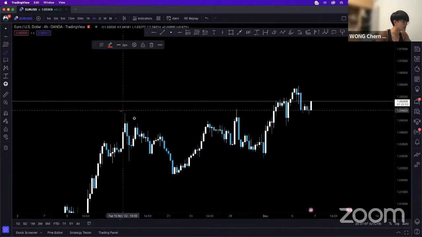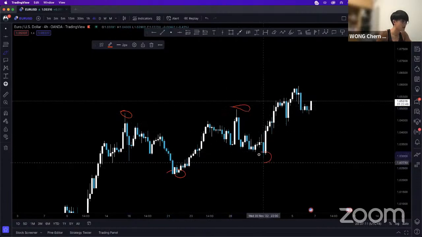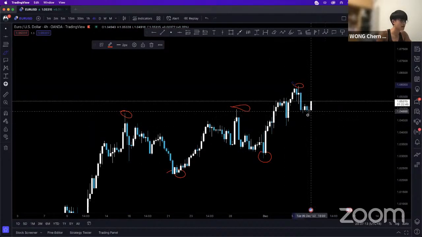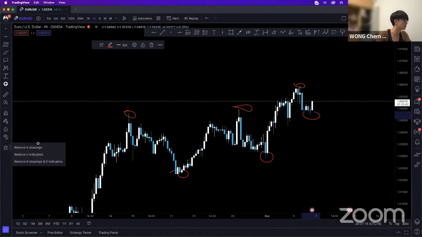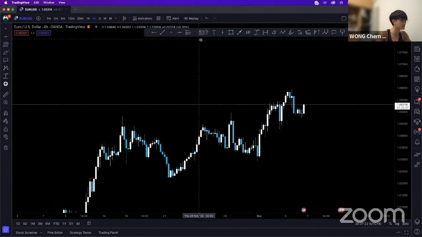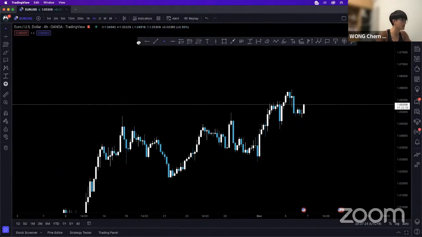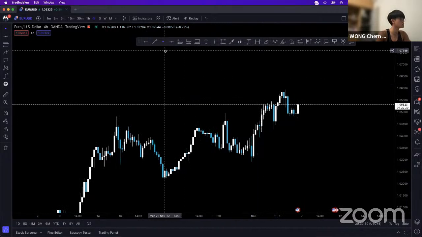There's a higher high, higher low, another higher high, another higher low, another higher high, and another higher low. This really signifies the bullish structure that we are currently seeing in Euro USD, and we will not want to bet against the break of any structure unless there is a confirmation, like a structural shift.